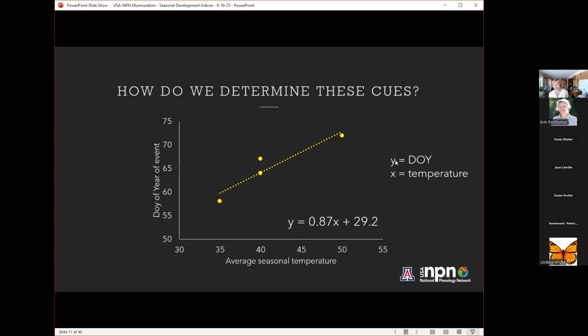Or you could plug it into this equation and solve for day of year by plugging that temperature in as your X. And I apologize that that was a little unrealistic, but that is functionally how really simple predictive models can work using just a single variable like temperature.